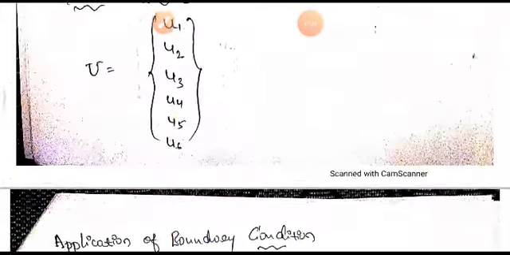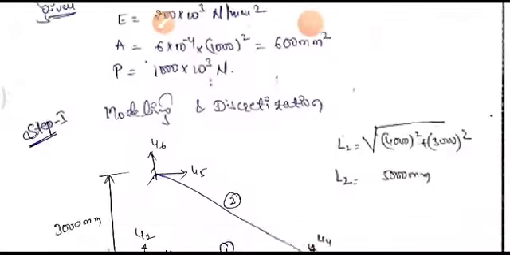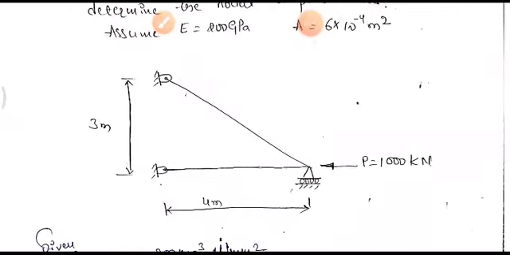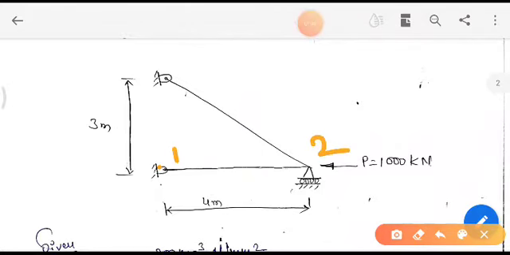Here we'll see how to apply this elimination approach. What are the rows and columns we need to eliminate? This is node 1, this is node 2, and this is node 3.